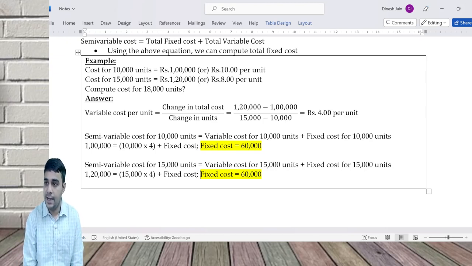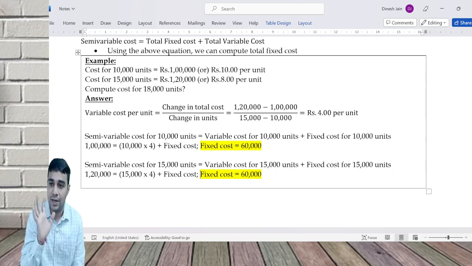Not only this, if they give you another level, 20,000, same equation you follow, fixed cost you will get only same 60,000. If you are getting a different answer, somewhere you have done a calculation mistake. Otherwise, wherever you substitute, you are going to get fixed cost is only 60,000.